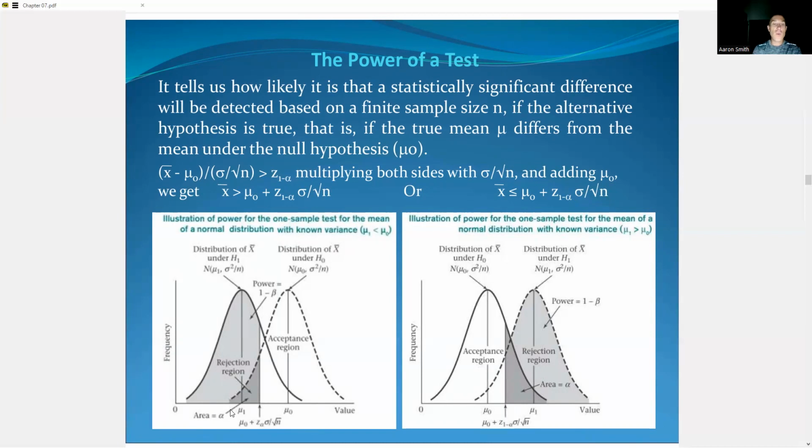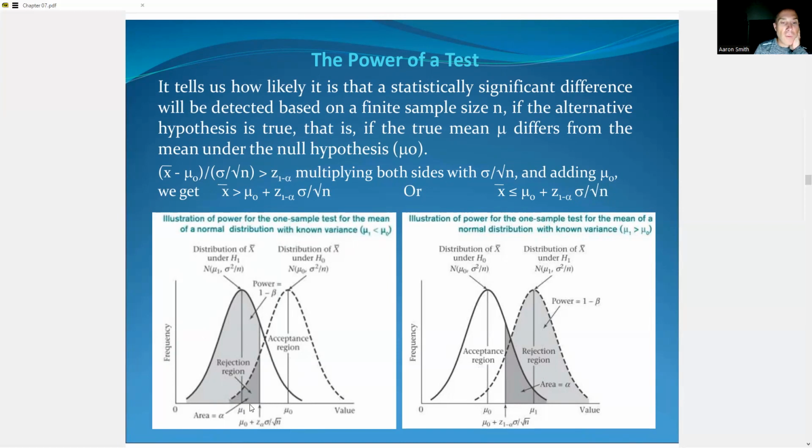And so here we can see that in this double shaded region, if it lands in this region, this is our type 1 error. Okay, so if mu sub 0 is correct and I land here, I'm going to fail to reject the null hypothesis.